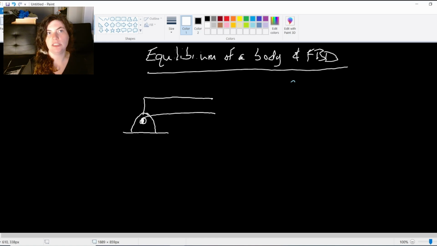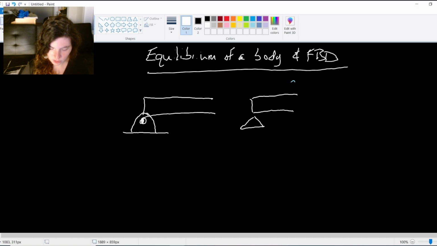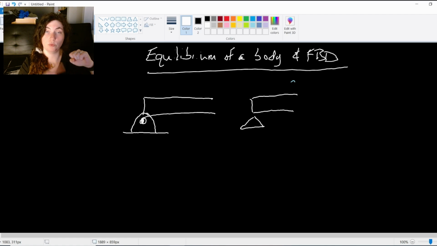And what a pinned reaction is, it looks something like this. We usually represent it in a quick drawing as just a triangle. And what it does is it locks in the x and y movement. So it can't move in the x direction, it can't move up and down in the y direction, but it can rotate, right? So you can think of something like a wheel. Your bike axle locks in your wheel so that it can rotate around that point, but it doesn't move in the x or y directions.